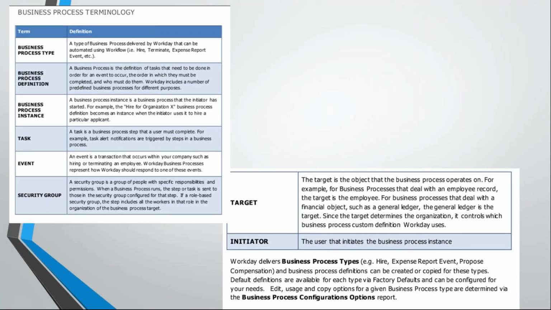Then the initiator: this is the person, or the security group, assigned in the business process policy who can initiate it. If you don't hold a recruiter role and you want to hire or create a job application for an external candidate, and as per security the recruiter doesn't have access to create a job application, they cannot initiate the process.